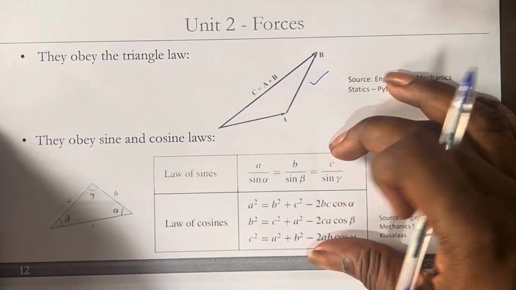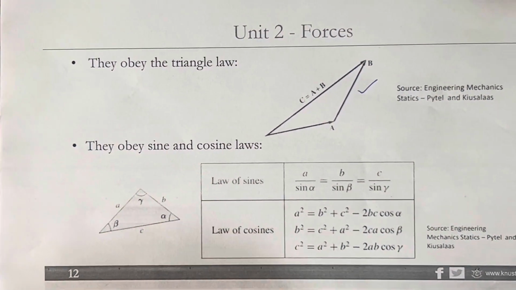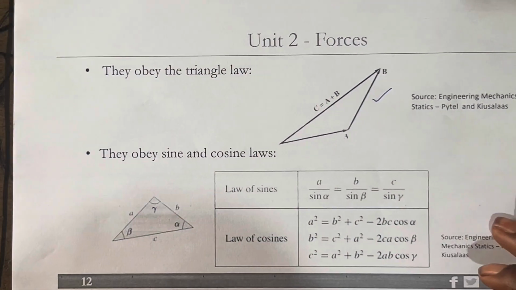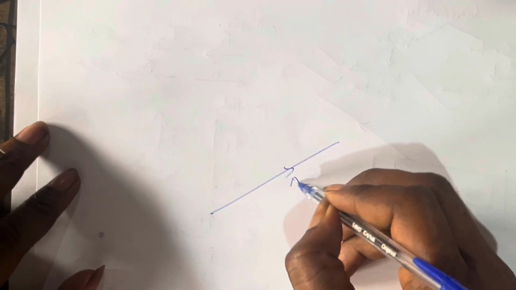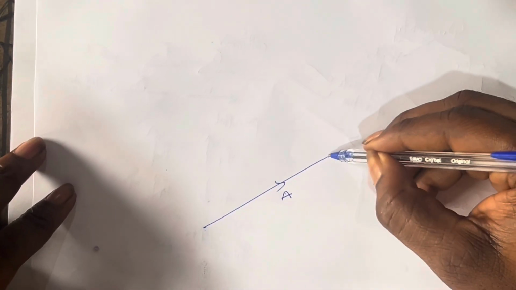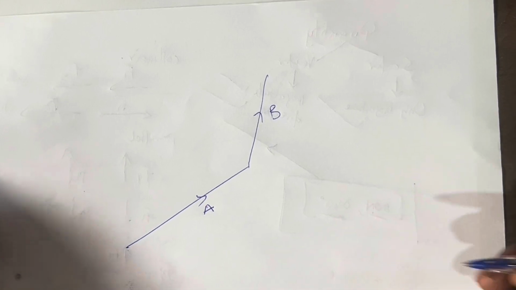Let's make the triangular law very simple so that we all understand it very well. I have a vector direction here, let me call it vector A, and another vector direction here, let me call it vector B. I want to find my resultant vector.